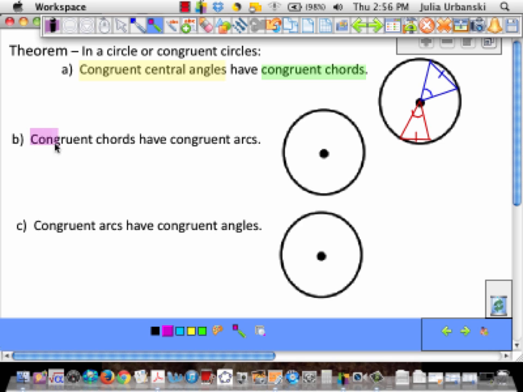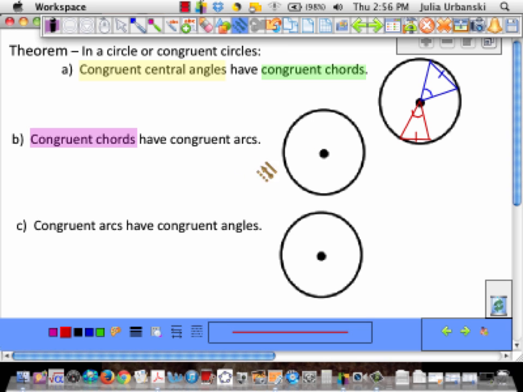All right, the second one. Congruent chords. If you have two congruent chords in a circle somewhere, so let's say you have a congruent chord here that is congruent to one anywhere else, like right here. If you know that these two chords are congruent to each other, this blue one and this red one, then the rule says whenever you have two congruent chords, you then have two congruent arcs.